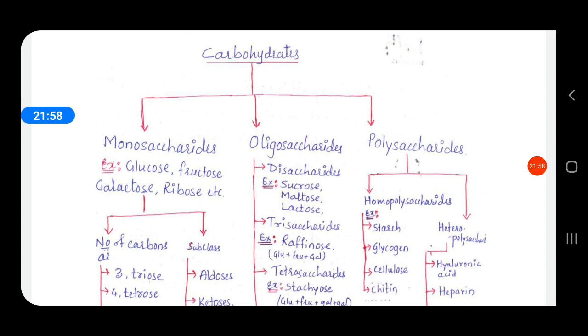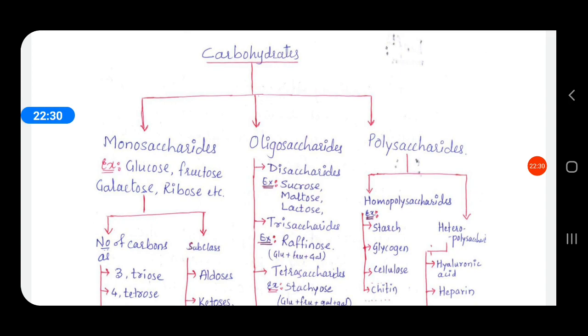Depending upon some chemical properties, another classification is there: reducing sugars and non-reducing sugars. Here all the polysaccharides are non-reducing sugars. Some monosaccharides and oligosaccharides come in the reducing sugars and some in the non-reducing sugars.